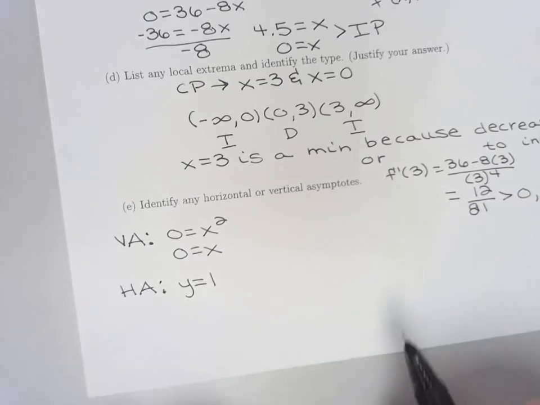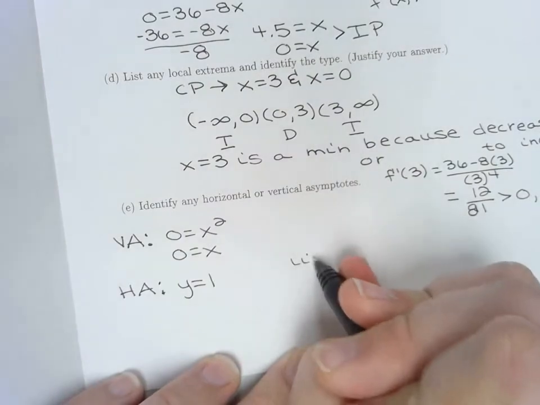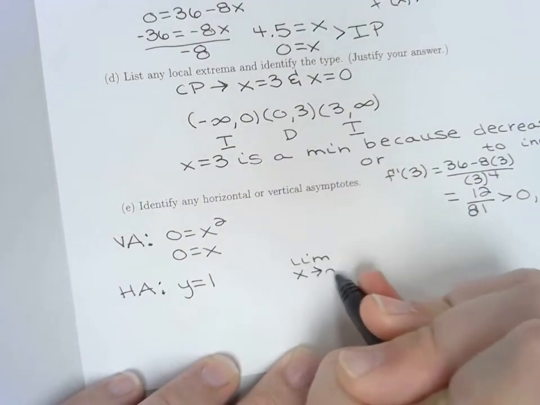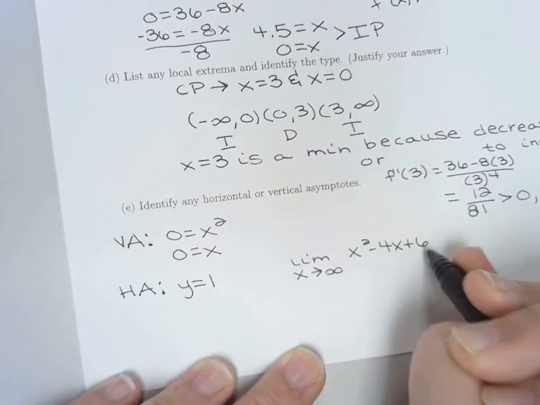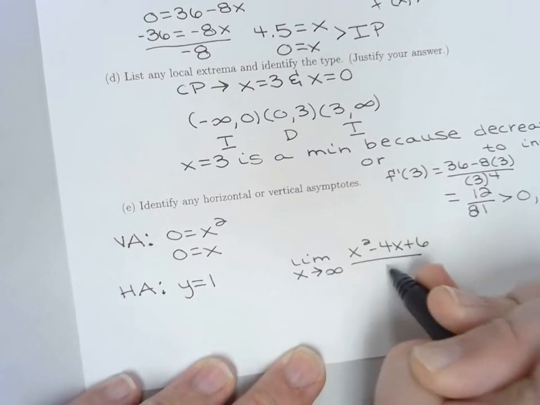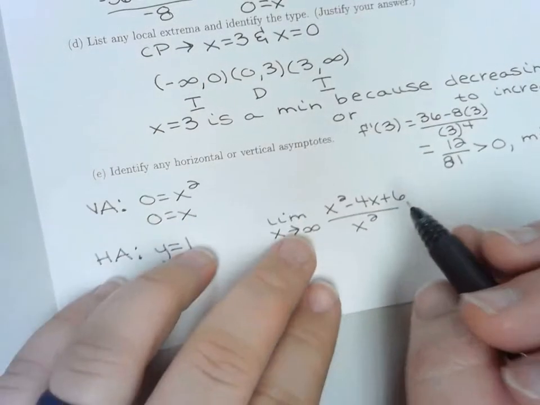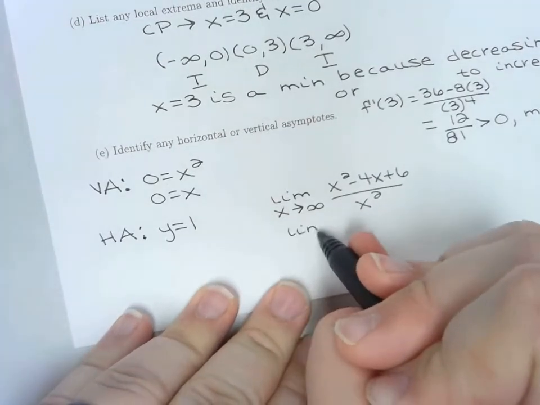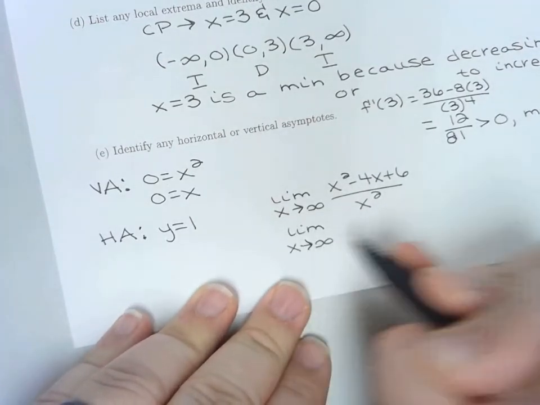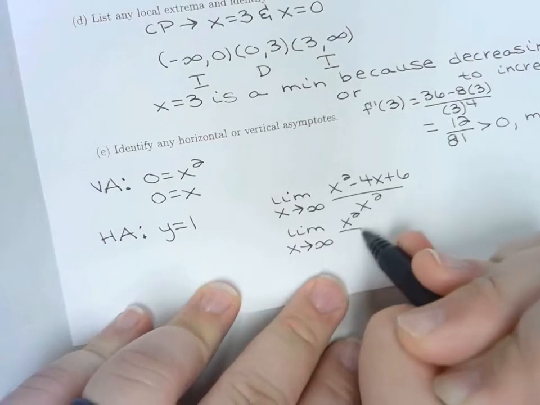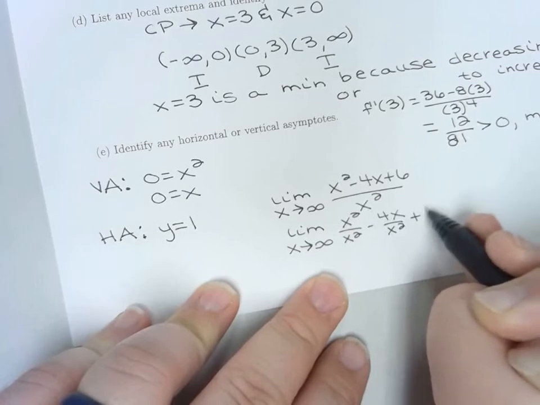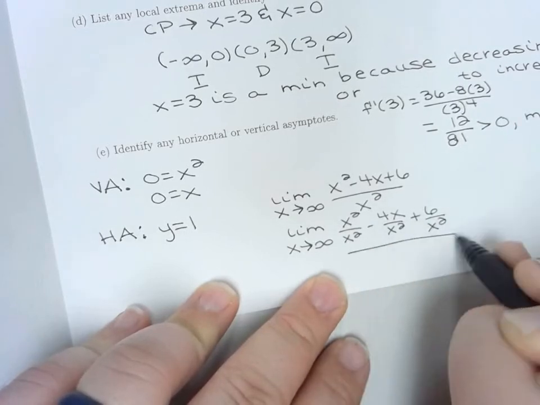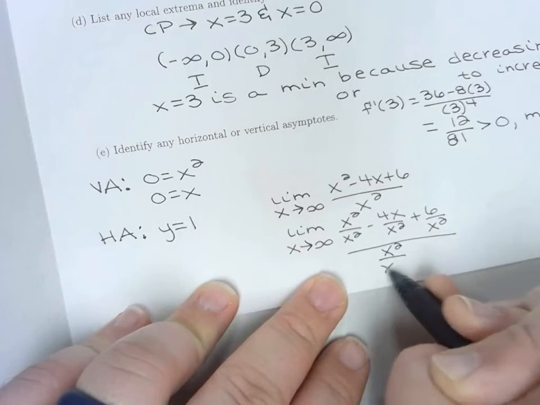So if you remember that shortcut, great. If you don't, it is the limit as x approaches infinity. This is how you would do it if you don't remember that shortcut. Over a polynomial, I can go ahead and divide everything by the highest degree on the bottom. So x squared over x squared minus 4x over x squared plus 6 over x squared, over x squared over x squared.